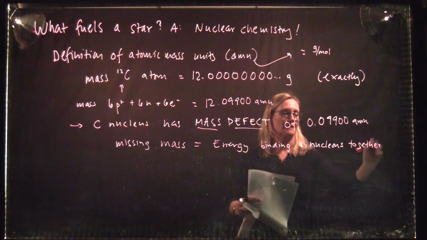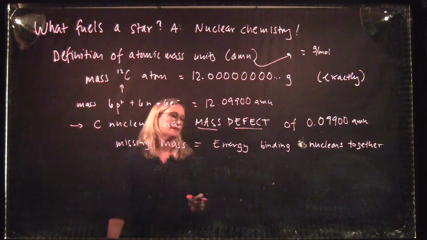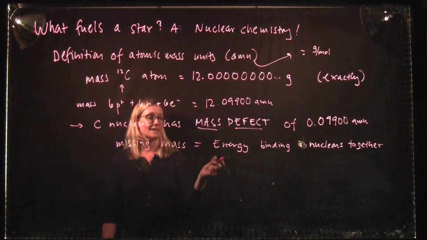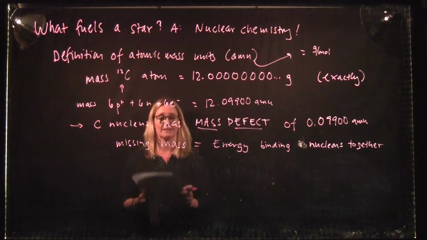And so what this means is we can look at these mass defects. The utility of this is we can look at the mass defects of nuclei, and that tells us what the binding energy of the nucleus is.